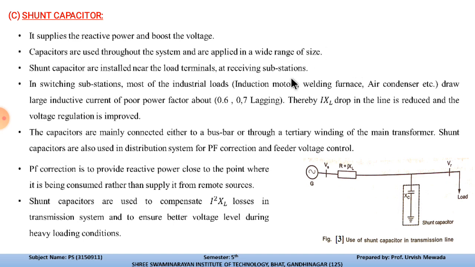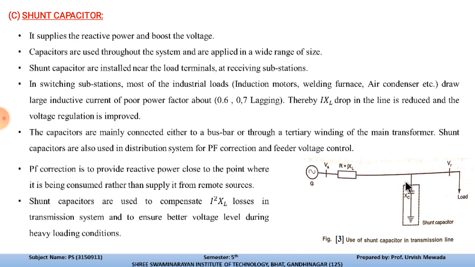We have the losses due to the transmission line, which is I square XL, and here we are using the shunt capacitor. They are installed near the load terminal at the receiving end substation.